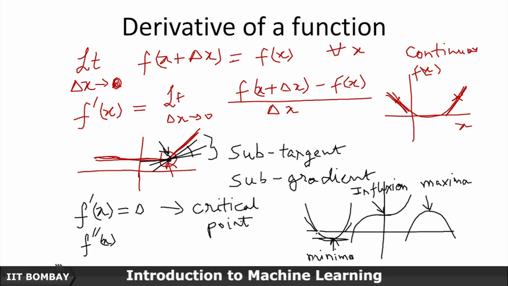So, it goes from negative to positive, whereas in maxima it goes from positive to negative. So, f double dash x is less than 0, and at point of inflection f double dash x is equal to 0. So, greater than 0 leads to minima, less than 0 leads to maxima, and equal to 0 leads to inflection point.